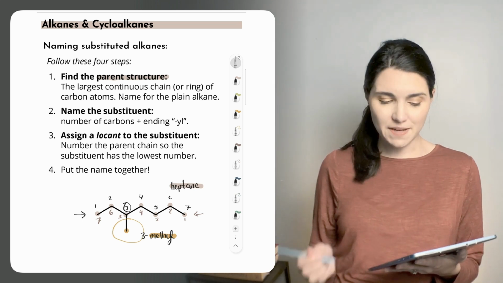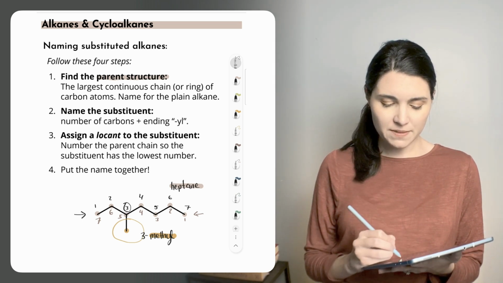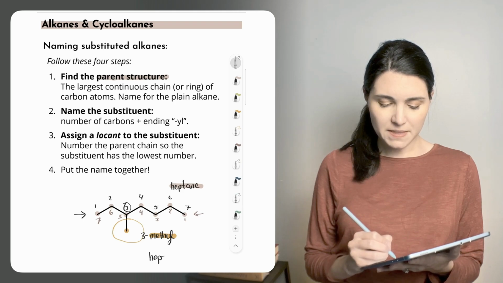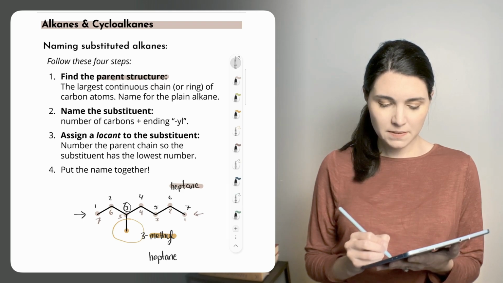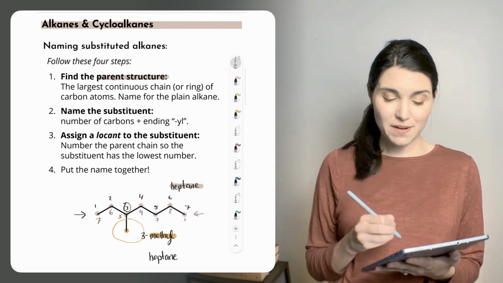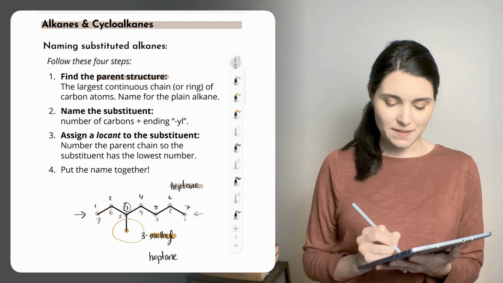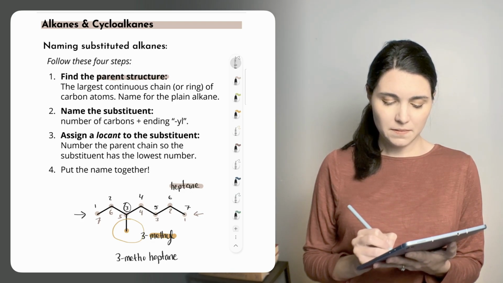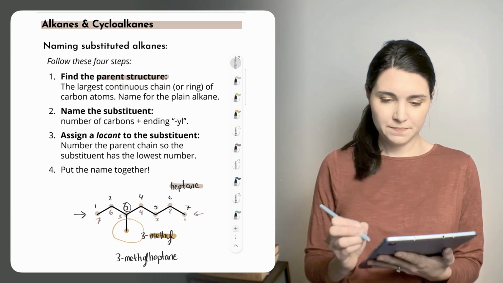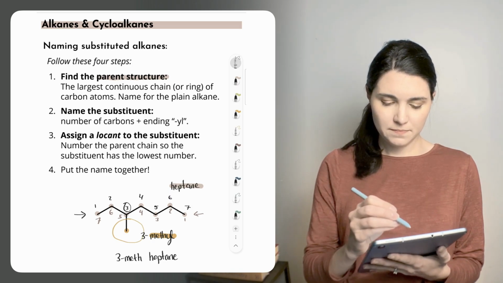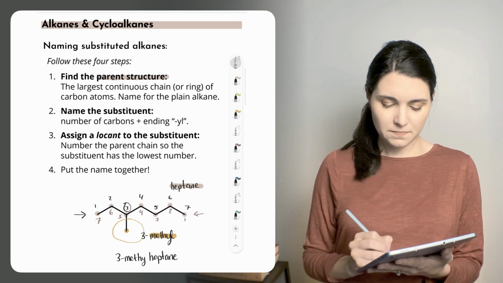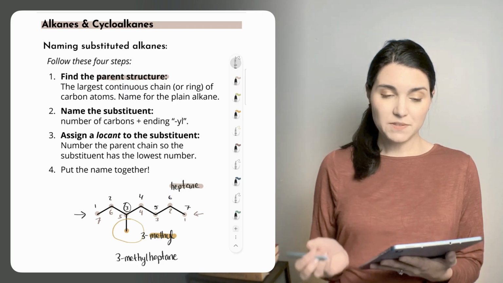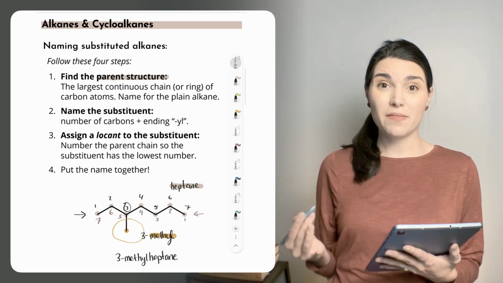Now we put the name together. We start with the parent structure, heptane, and directly in front of the parent structure name, we're going to add the substituent, 3-methyl. So our molecule is called 3-methylheptane.